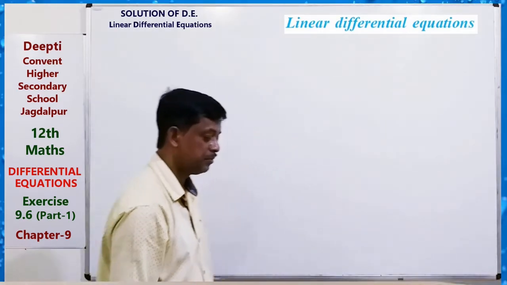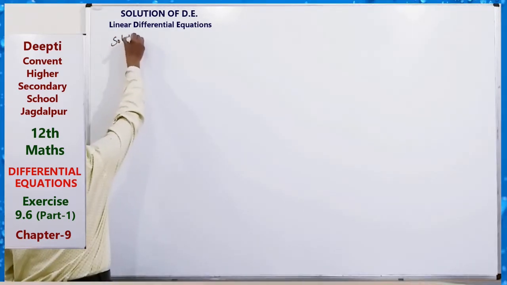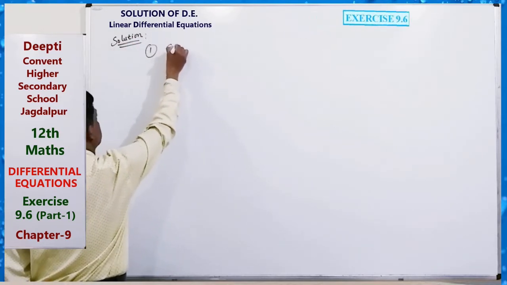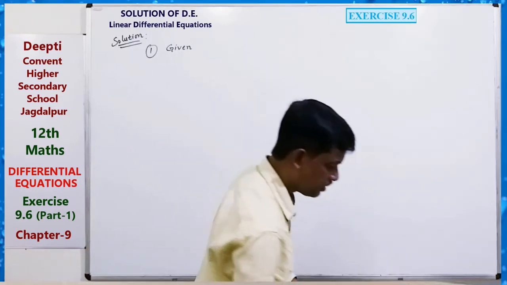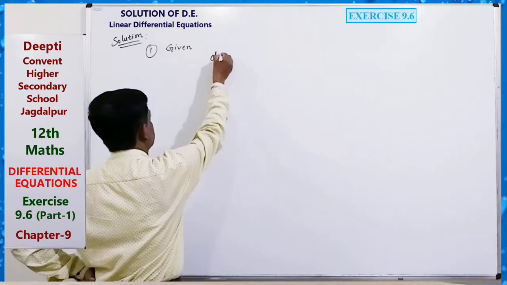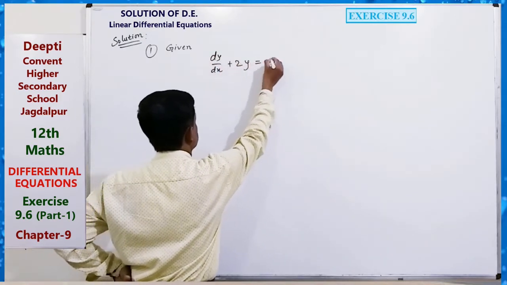Solution. The given equation is dy by dx plus 2y equals sin x.